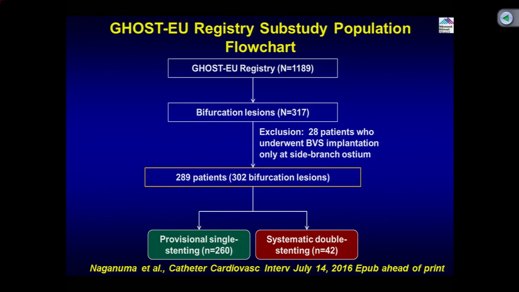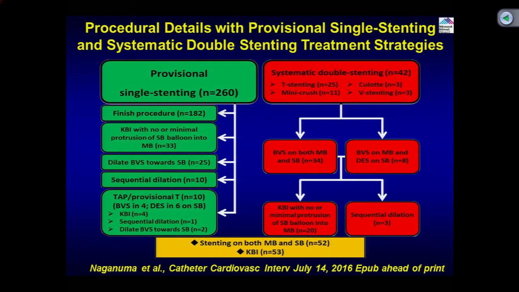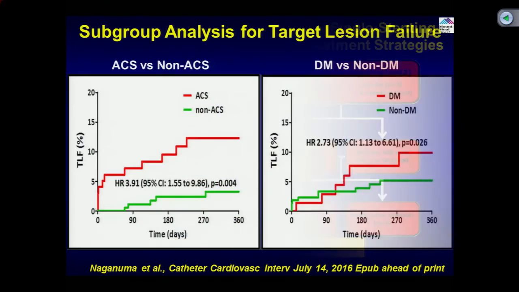So, 260 versus 42, and it was decided based on side branch involvement. For a long side branch lesion, diffuse disease, or large vessel, they went for the 2-stent strategy, and they have a very nice flow diagram. A 2-stent strategy is not common, but in some cases it is still required because of diffuse disease, angulated lesions and so on.